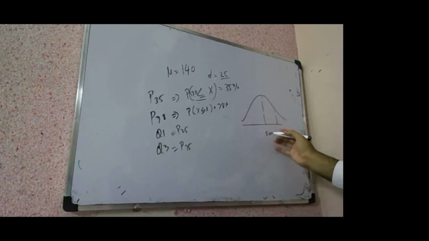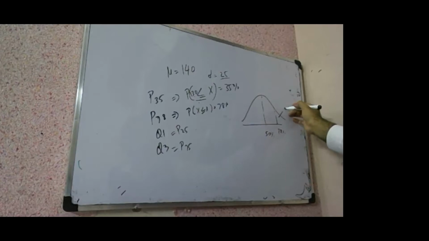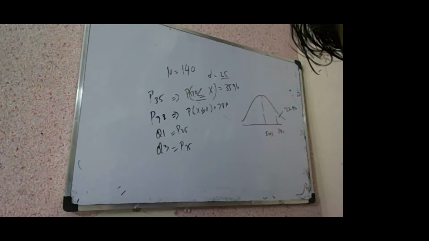So the percentile, 78%, should be here, right? Now you have to calculate this area. The total area is 100%. So what is this value? 100 minus 78 is 22%. Now the rest, just follow the same way as we did. Let's move to the next question.